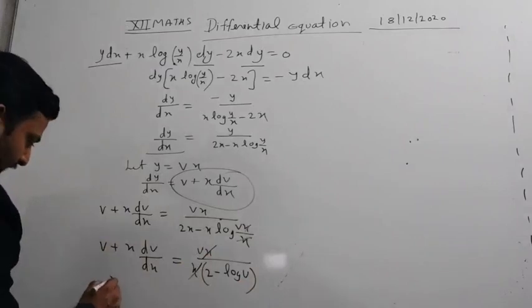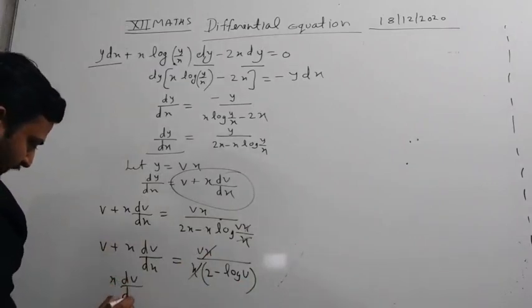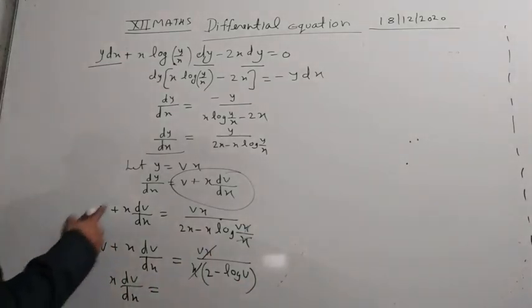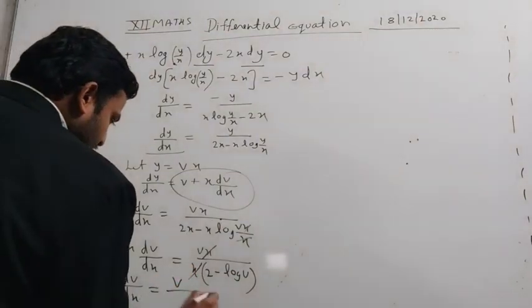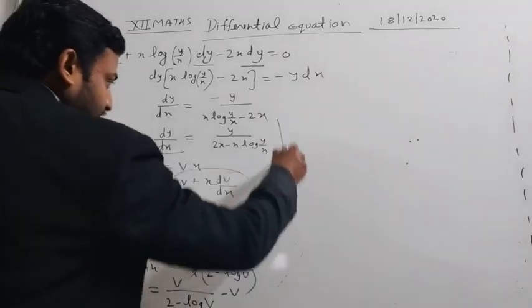Now x dv by dx: send this v to the right hand side, we get v by 2 minus log v, minus v.